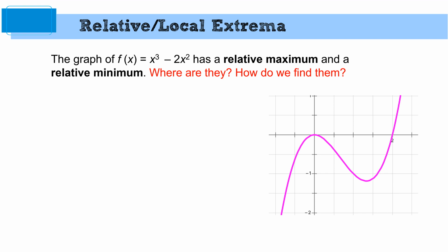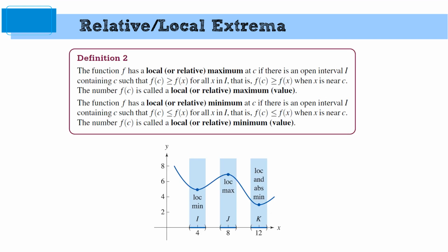Negative. So think about walking up a hill. You're going up a hill until you hit the top, and then you're coming down. What about when you go into a valley? You're going down and then you go up. Okay, good. We're getting there. That makes sense.